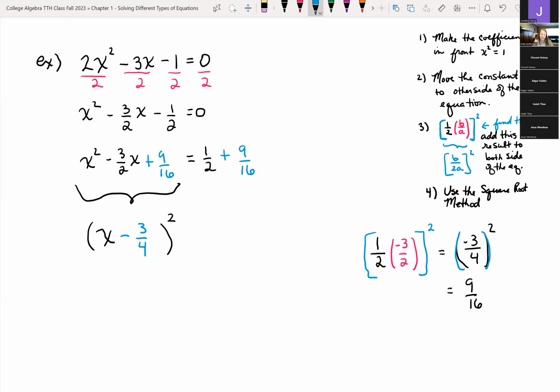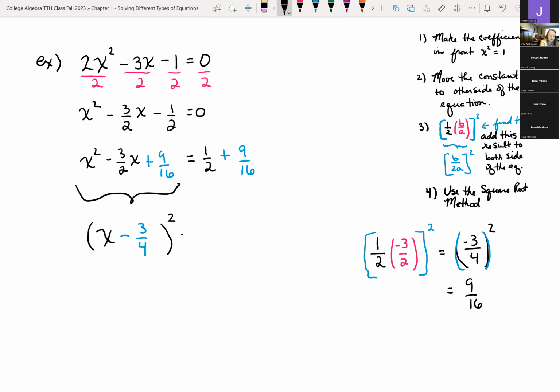If you added negative 3/4 plus negative 3/4, that's negative 6/4, which reduces to negative 3/2, which we wanted. And negative 3/4 times negative 3/4 multiplies to 9/16, which we wanted.